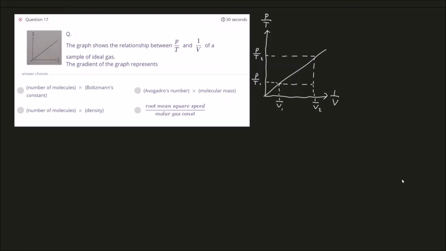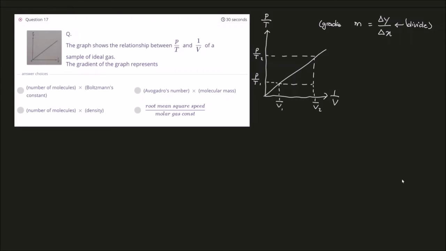Okay, so this is the gradient that you normally do. The symbol for gradient is m, and it's usually delta y over delta x. So the key here is it's being divided. If you do gradient, it comes from divide.